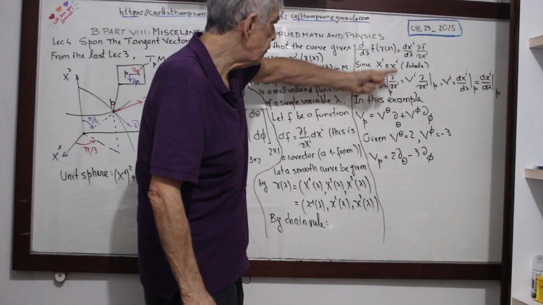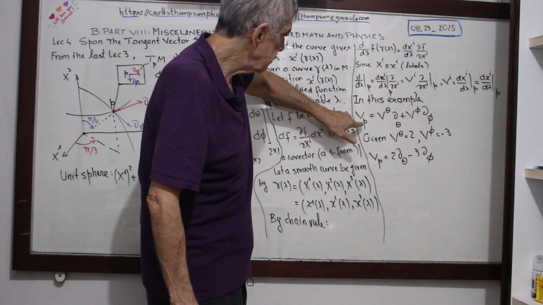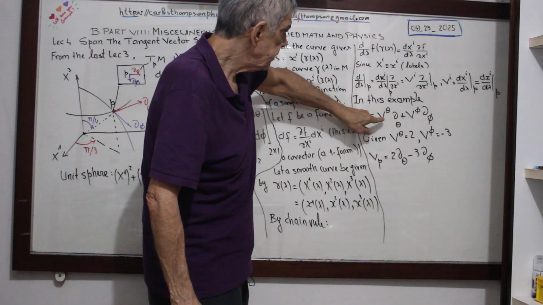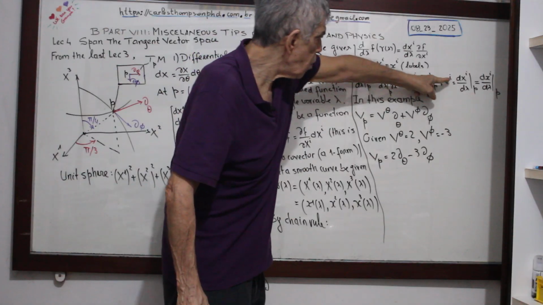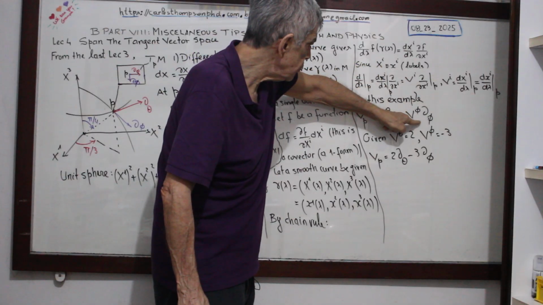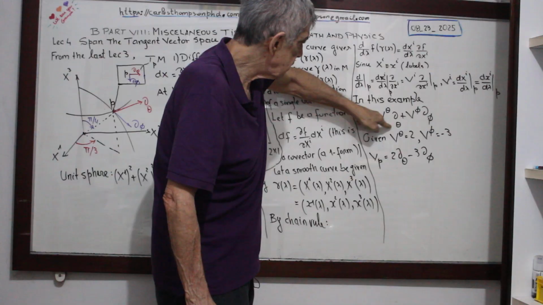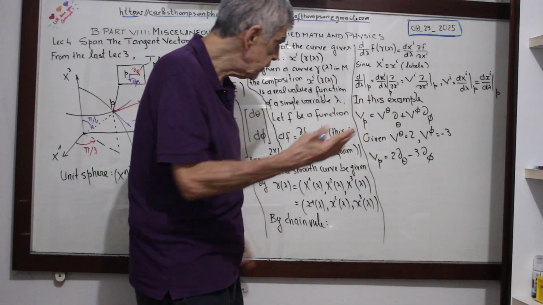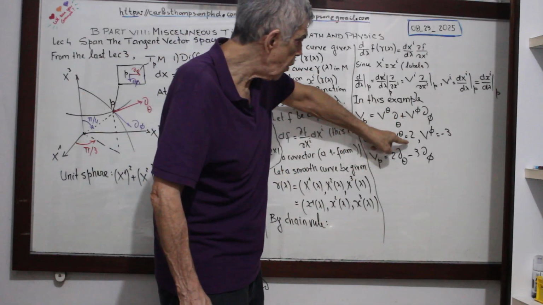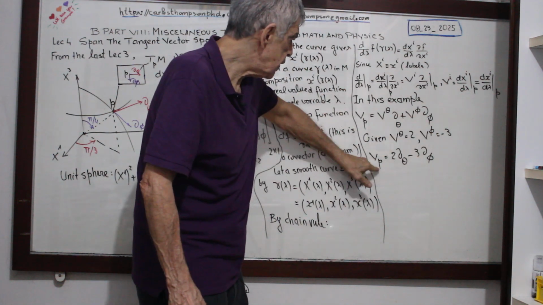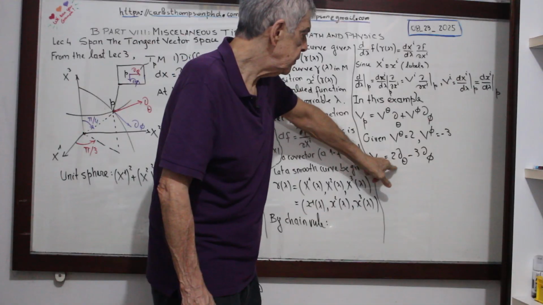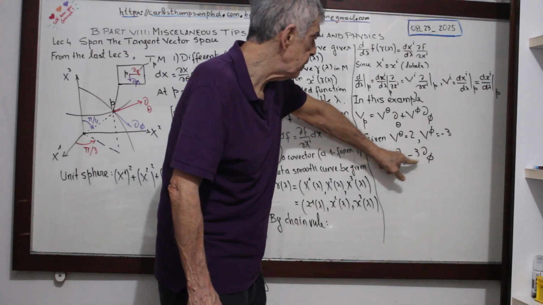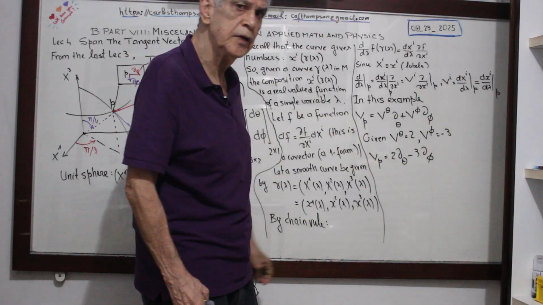So in this example, for instance, I can span Vp, V at P; these are components, okay? This is for i equal 1, this is for i equal 2, and these are the basis vectors. For instance, given the components 2 and 3, I just obtain the vector V, 2 partial with respect to theta minus 3 partial with respect to phi.